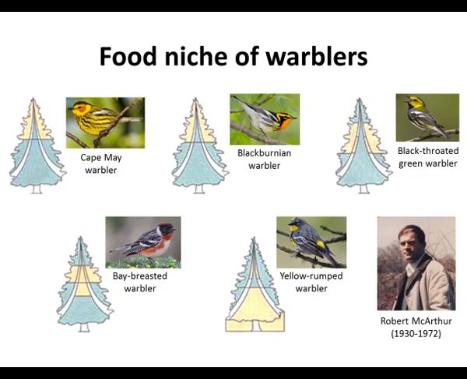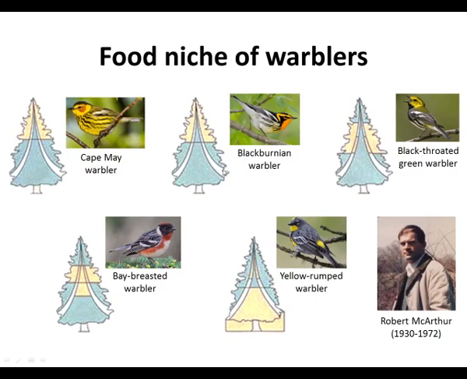So as you can see, he observed that each species is feeding exclusively on a certain area of the coniferous plants. So for an example, the Cape May warbler is feeding in the very top of the plant.